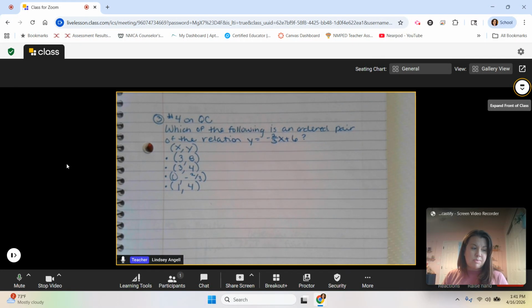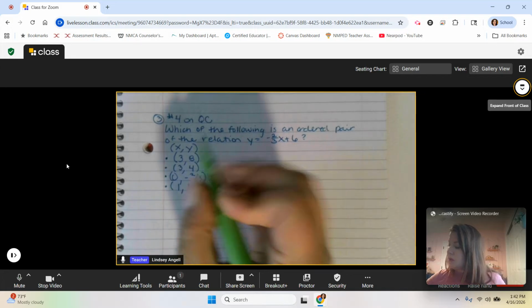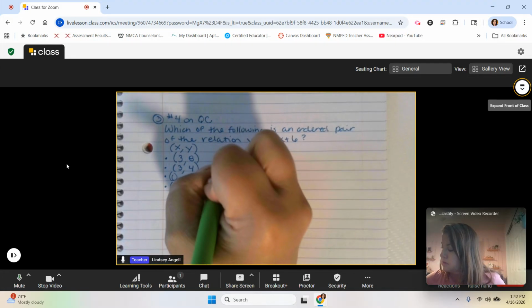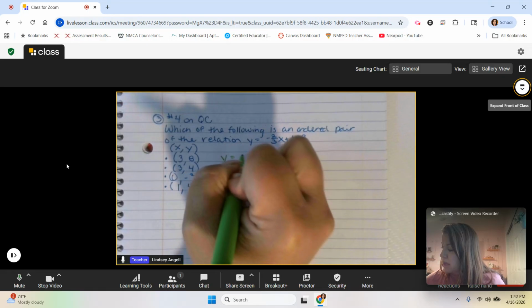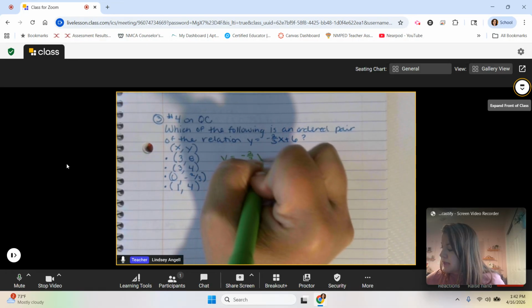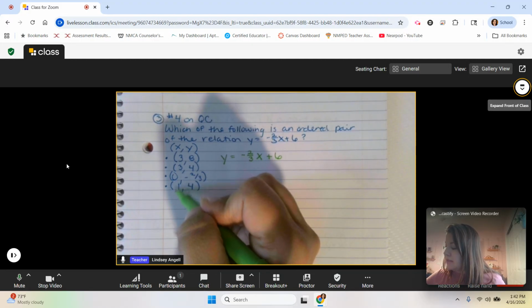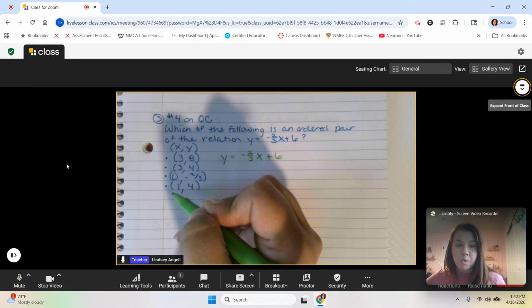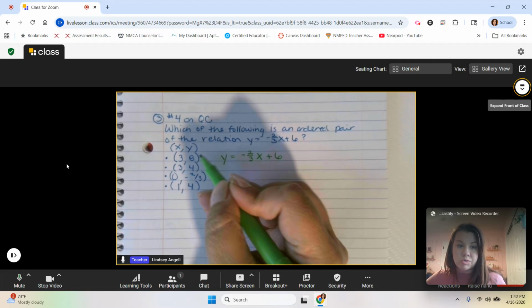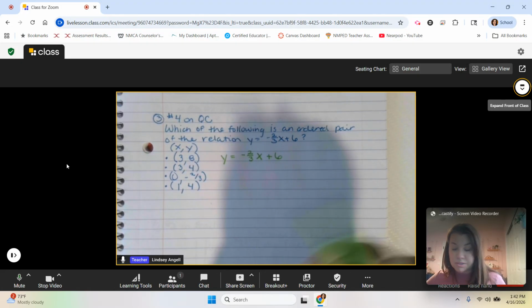Oh, and I should be switching my color. Look at that, it's all a sea of blue. So for this, we would take this function, y equals negative 2/3 x plus 6, and plug in these different values for x and see, do we get the y value out?